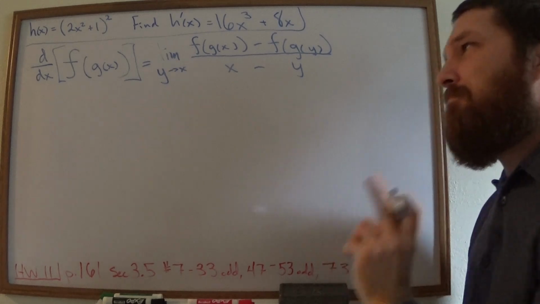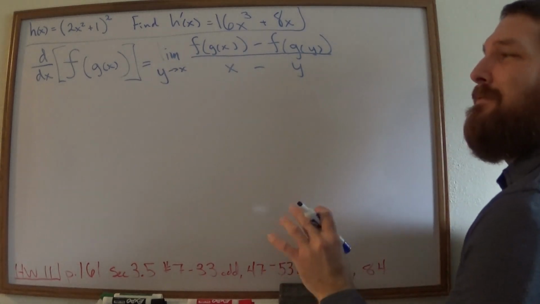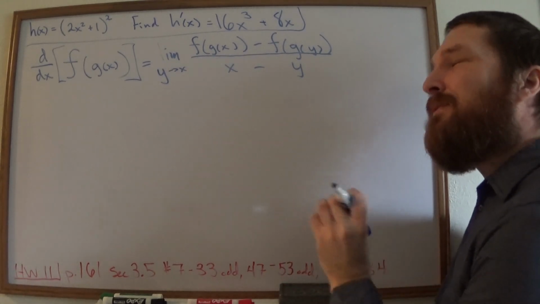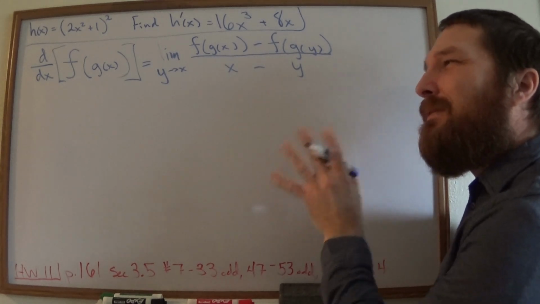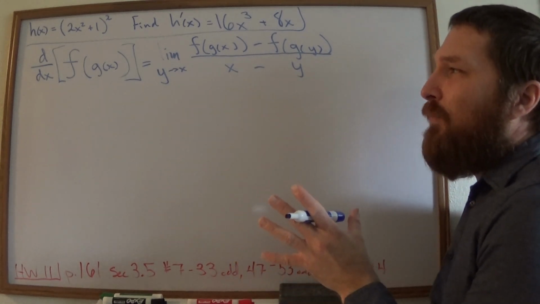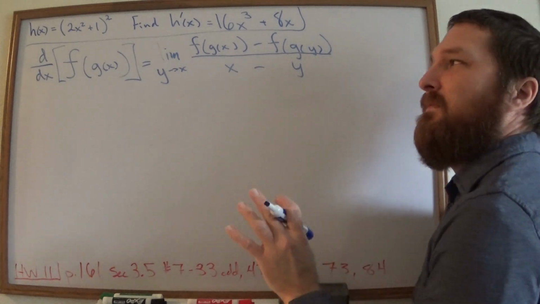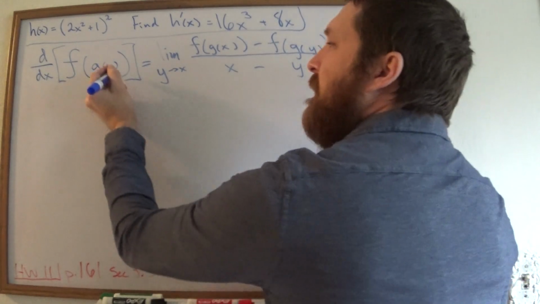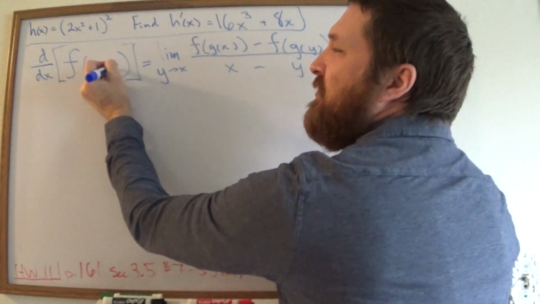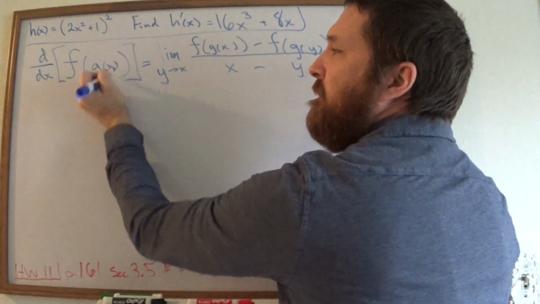Now, don't hate me for this, but I think the way I want to talk about this will be easier if we do what I'm about to do. Instead of at x, let's just call this place x1.